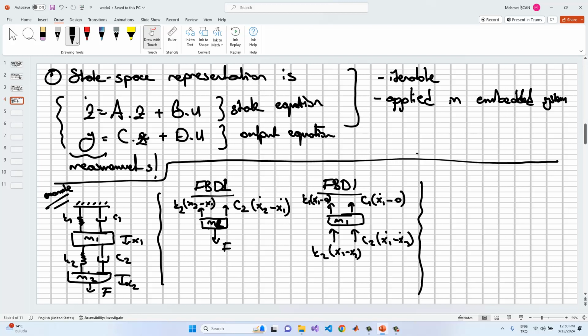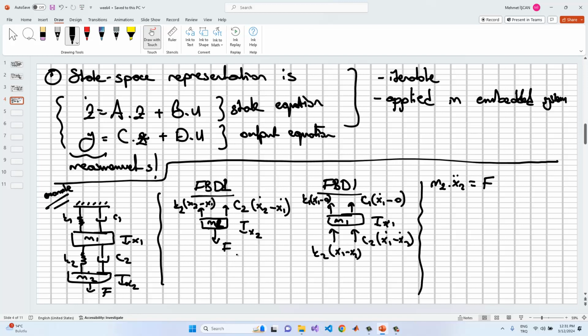And so, how can we write this term? We have m2 x2 dot dot equals to what? Our acceleration rate here, okay? And so we have F in a positive direction here, because x2 is given here, x1 is given here, okay?